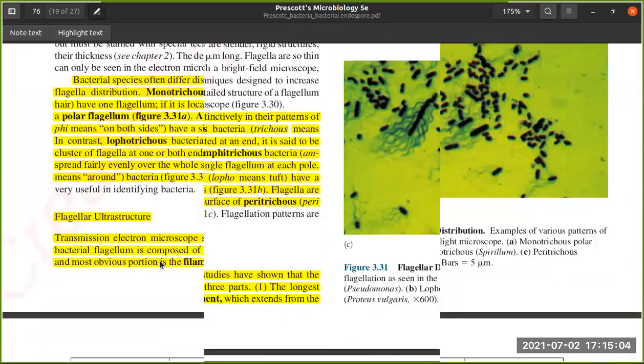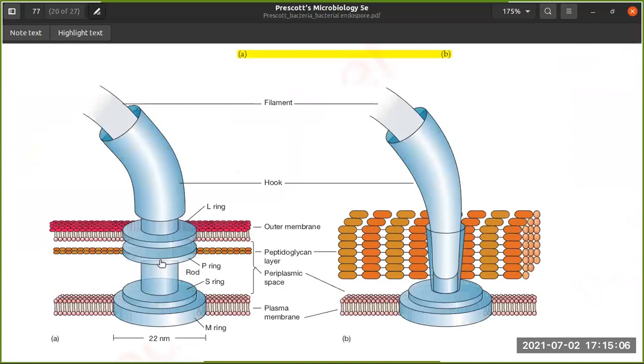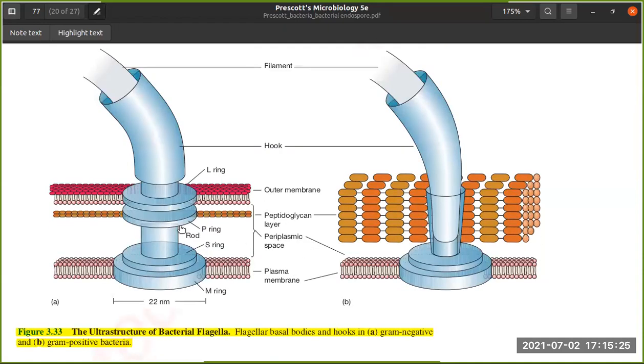Then the flagella. Let's have a look at the flagella structure. So at the inner plasma layer, you have a ring known as the S ring. Then you have the rod, you have a P ring, and on the top you have another ring, the L ring, and then the hook, and then the filament goes out. So this is what happens in the gram negative, and in the gram positive, the structure is the same.